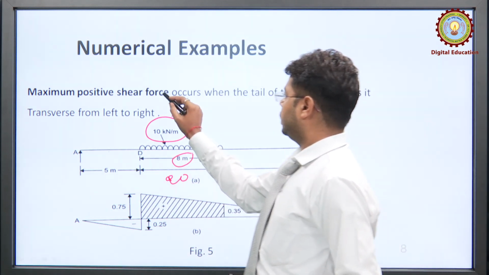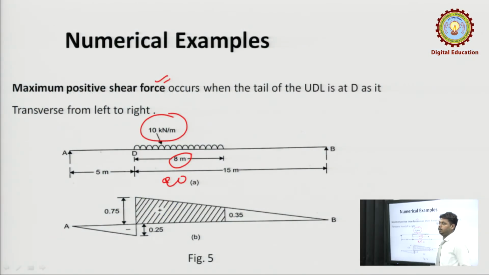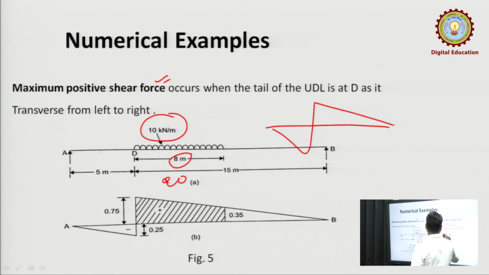The maximum positive shear force occurs when the tail of the UDL is at D. We know the influence line diagram: this is negative and this is positive, with ordinates L minus x upon L and x upon L.